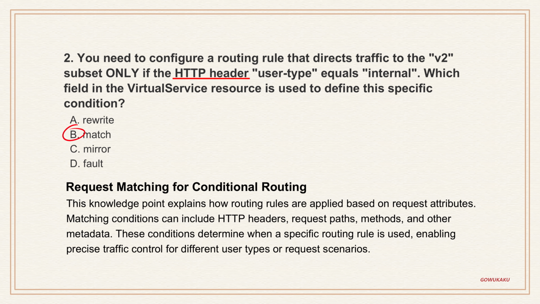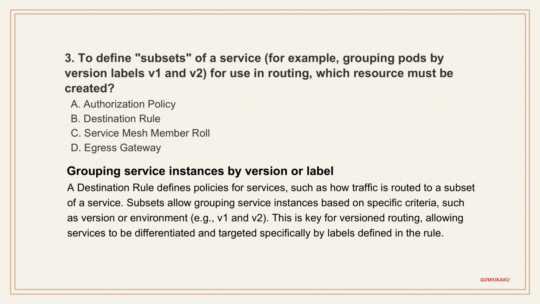To define that precise condition, say routing to V2 only if the header user type equals internal, you use the match field right inside your virtual service config. So it's like an if-then statement. It's an evaluation engine. You're telling the mesh, evaluate the request, and if it matches this condition, then apply this specific routing rule.